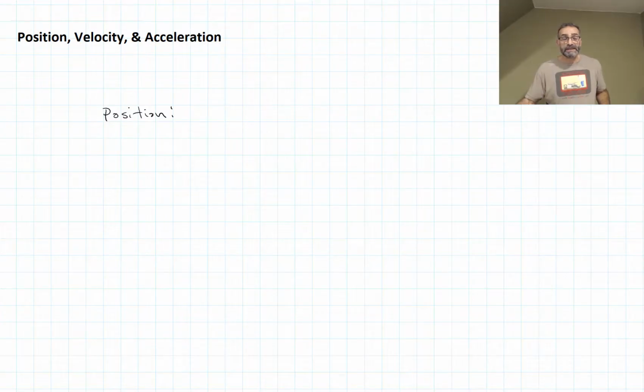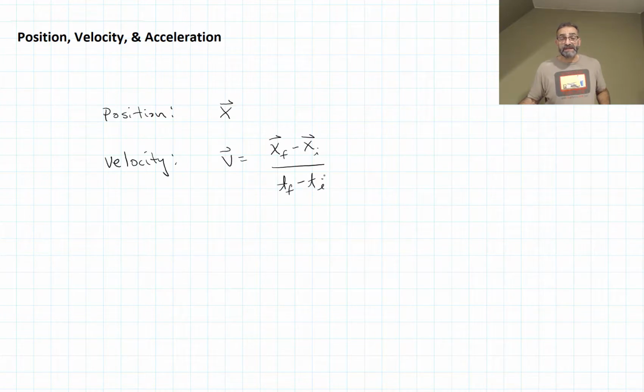So our position is typically denoted with some vector, and that could be a function of time if our particle is moving and it has a different position at different times. Velocity is the change in position, or the displacement, in some time interval. That would be the average velocity.